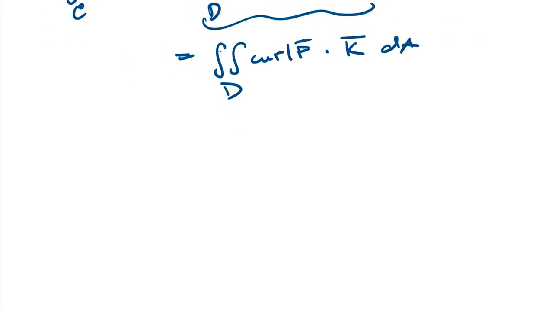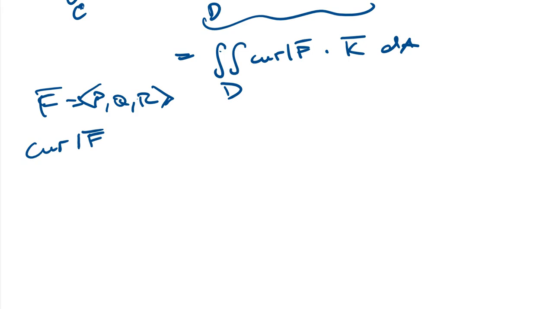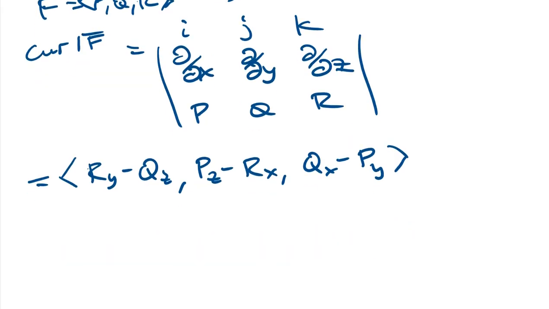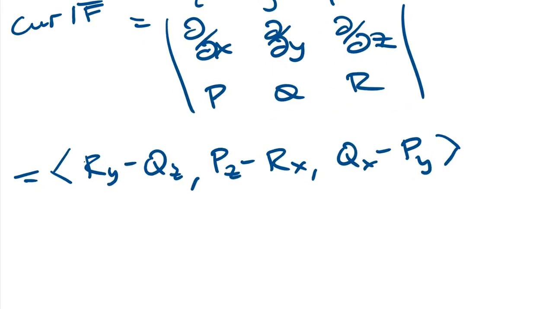We're going to get to this later, so let's look at it. So if you look at the curl of f, and f is P, Q, R. This is just real brief. So this is i, j, k, partial. I tell you what, I'm going to pause the video and do this. What I've done with this curl is I've written these differently.